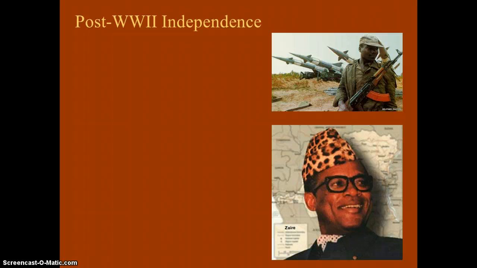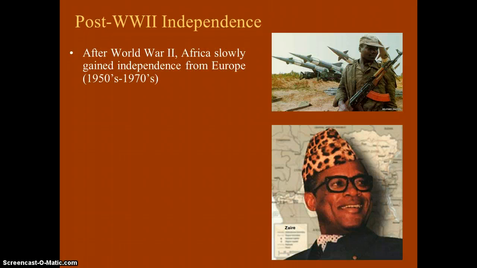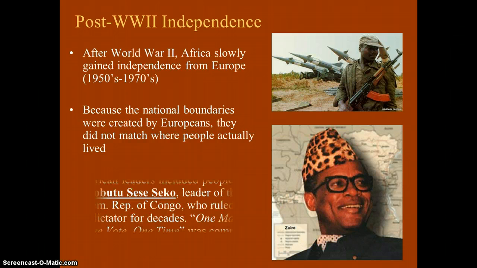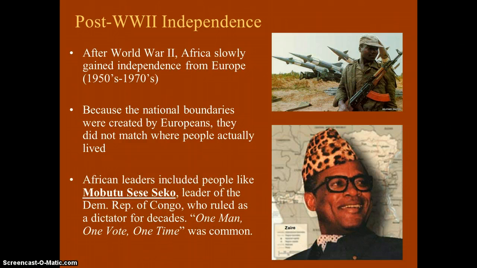Post-World War II independence. After World War II, Africa slowly gained independence from Europe between the 1950s and 1970s. Because the national boundaries were created by Europeans, they did not match where people actually lived. African leaders included people like Mobutu Sese Seko, leader of the Democratic Republic of Congo, who ruled as a dictator for decades.